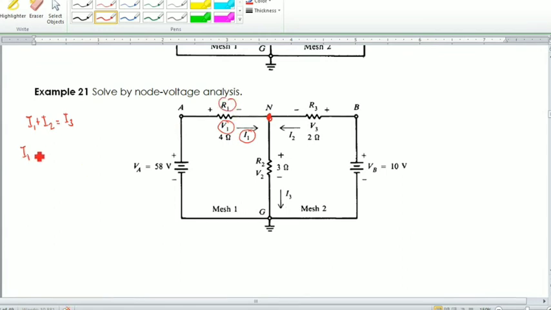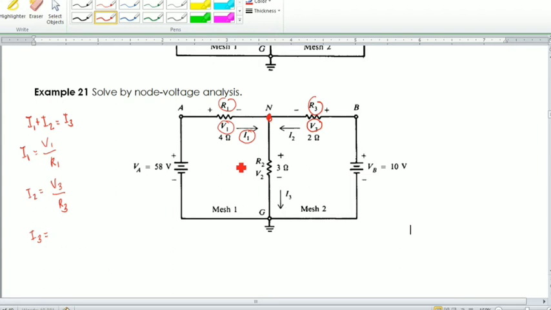Using Ohm's law, V sub 1 over R sub 1. While I sub 2 can be solved by using V sub 3 and R sub 3, so V sub 3 over R sub 3. And for I sub 3, here is I sub 3. I sub 3 can be solved using V sub 2 and R sub 2.